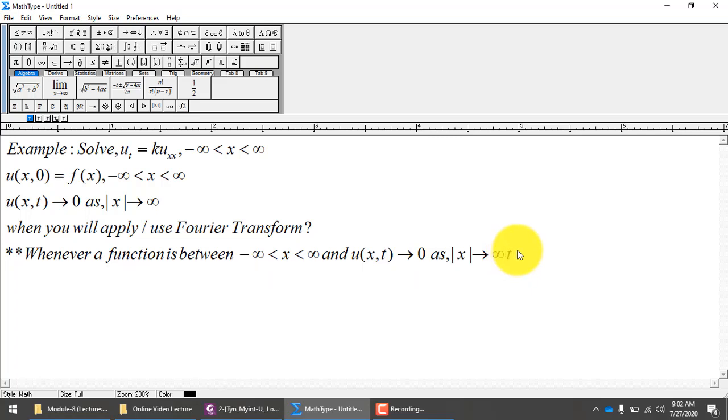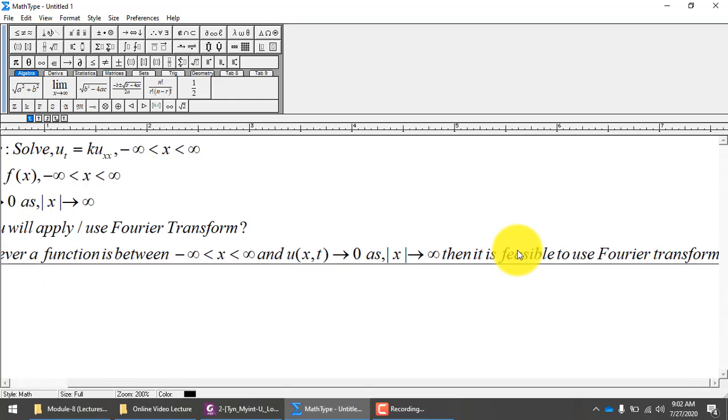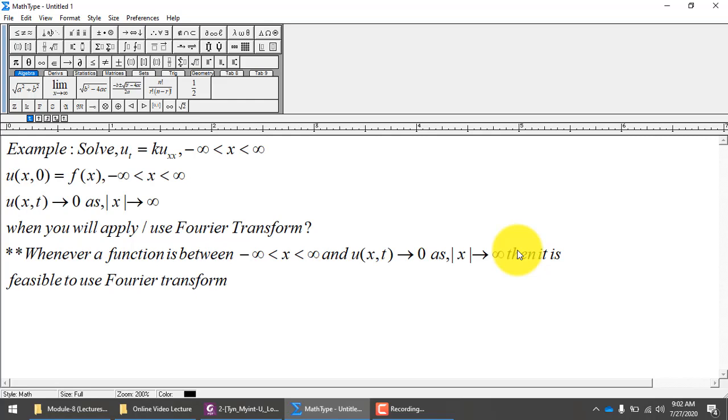Okay, then it is suitable to apply. We should write there, it is feasible or suitable to use Fourier transform. Okay, so this is the first instinct, that when you should use Fourier transform.